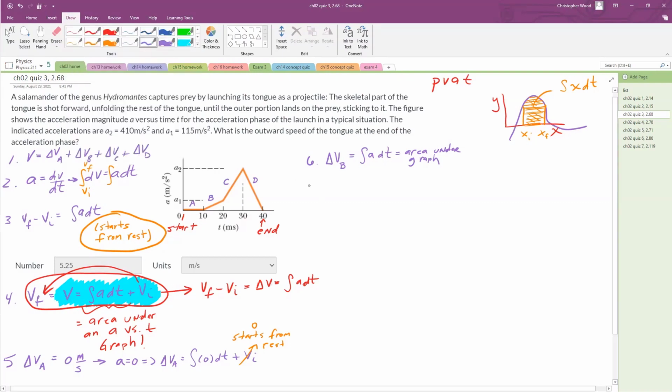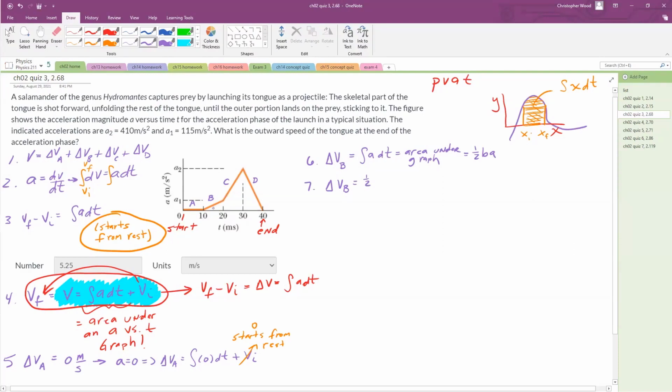All right, so what's the area under the graph? I know it's a triangle. The area under a graph for a triangle is 1/2 base times height. This becomes a simple operation because you just need to know how to do the area of a triangle. So it's 1/2 times base.